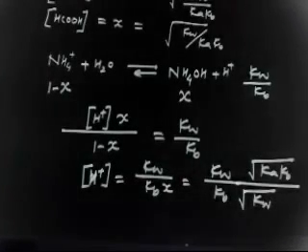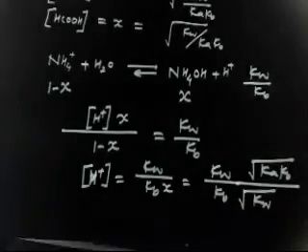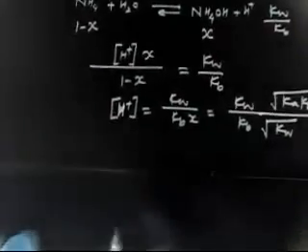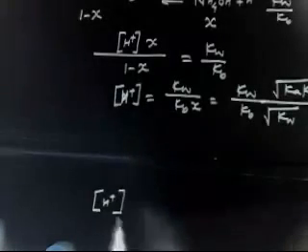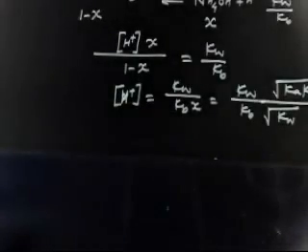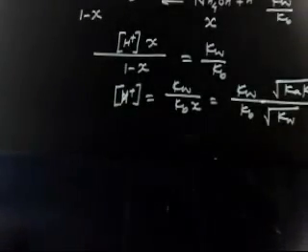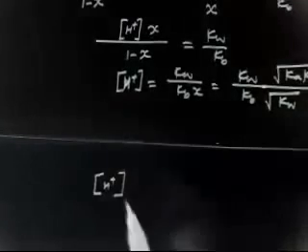So copy this one. Now if I plug in these values, H plus equals, Kw goes out, so we will have under root Kw on the top.